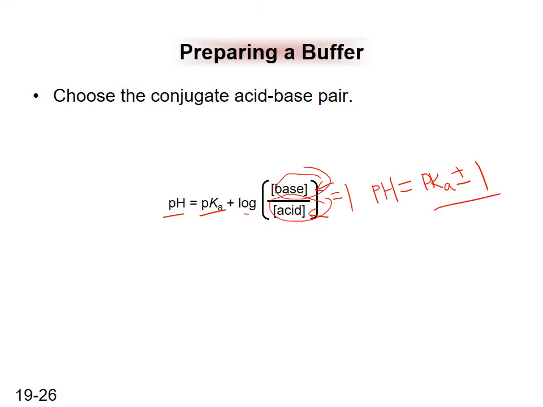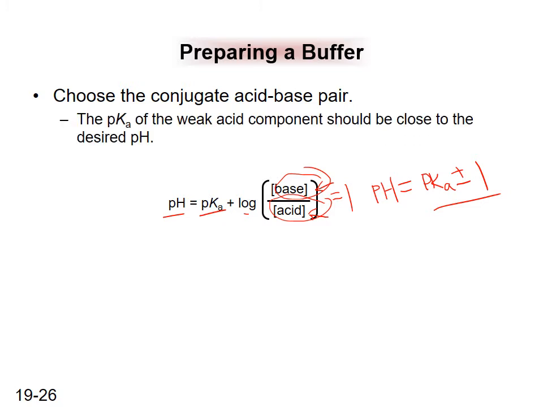And therefore, this pKa should be close to the desired pH value. So, for example, if we want a buffer solution with pH 4.6, a good acid-base pair should be acetic acid and its conjugate base, the acetate anion.